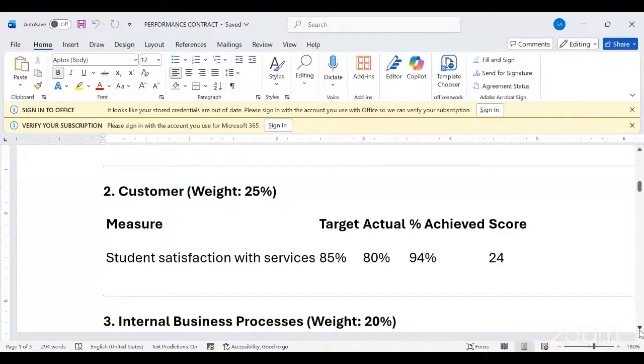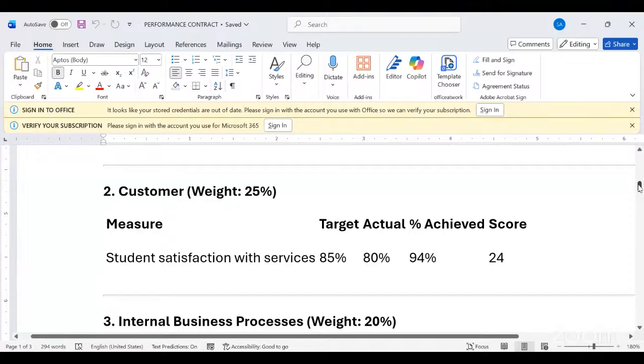But in the Excel spreadsheet that I shared, there are two sections for recording the actuals: a section for the mid-year review, and a section for the end of year review. So against the target, the actual will be indicated.